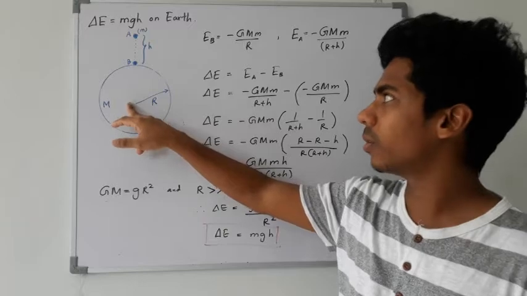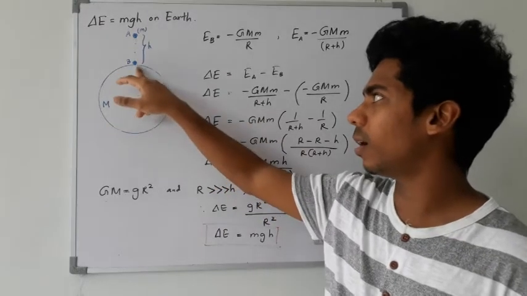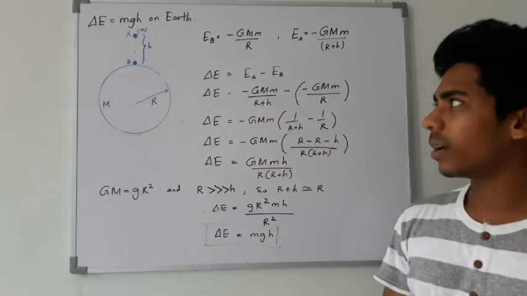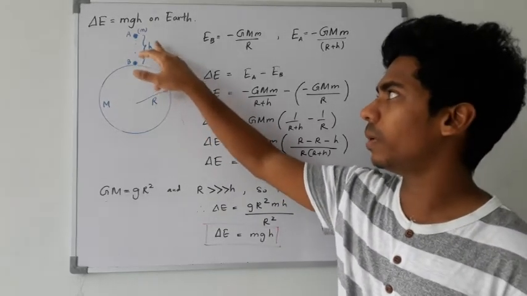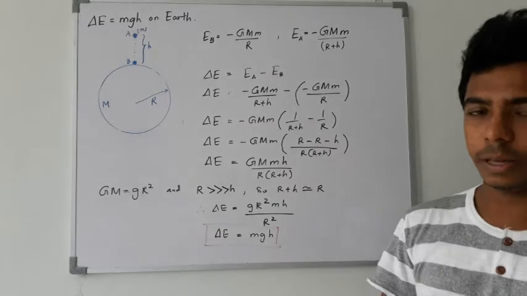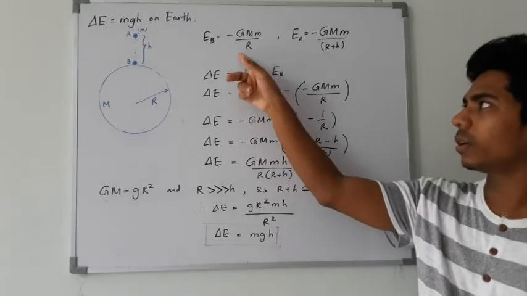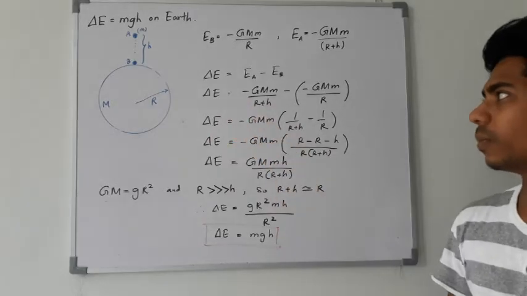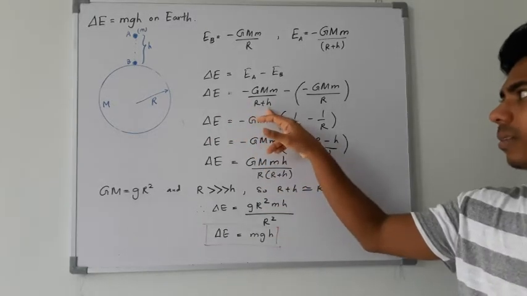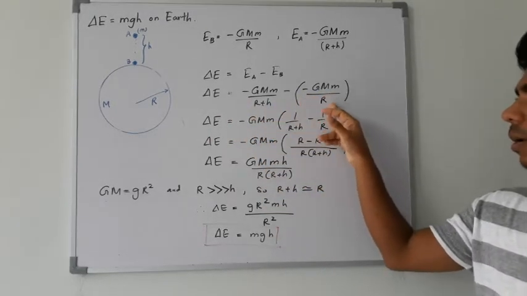So the distance to that point is R plus h. So the change in energy in moving the mass from B to A, that is EA minus EB. Substituting EA and EB, I get delta E is equal to minus GMm over (R plus h) minus (minus GMm over R).